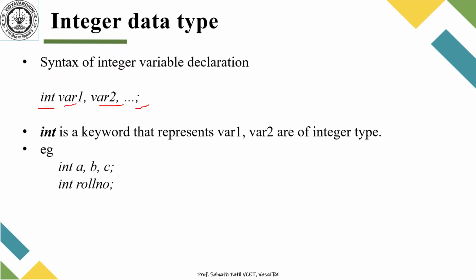Here int is a keyword, var1 and var2 are nothing but the names of variables or identifiers given by the user. For example, here int abc are the variables that I am using, or another example, the int keyword, and roll number is the name of the variable to which I am going to assign a roll number as a value.